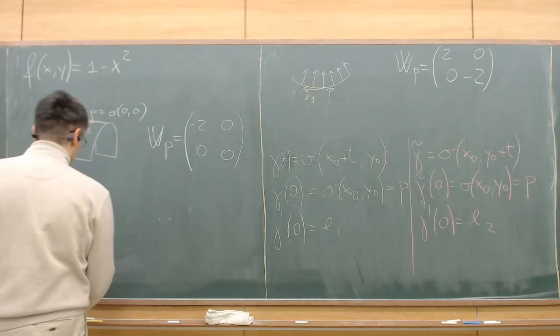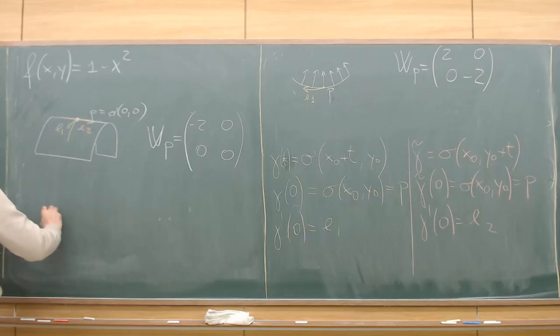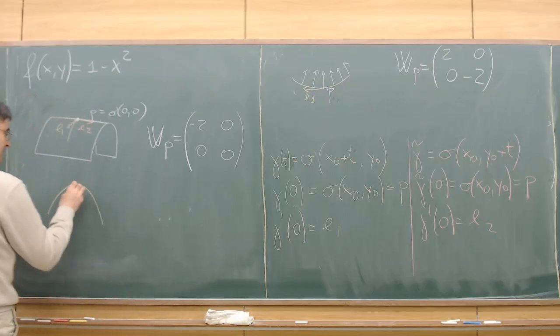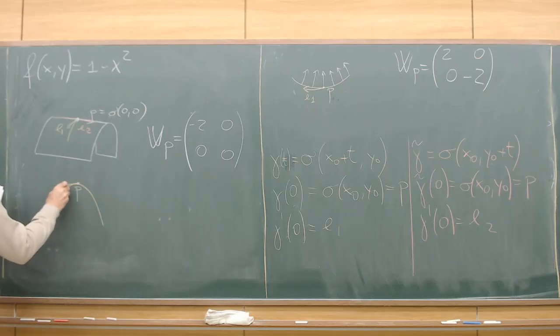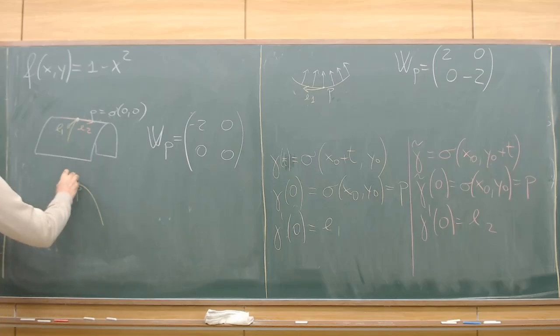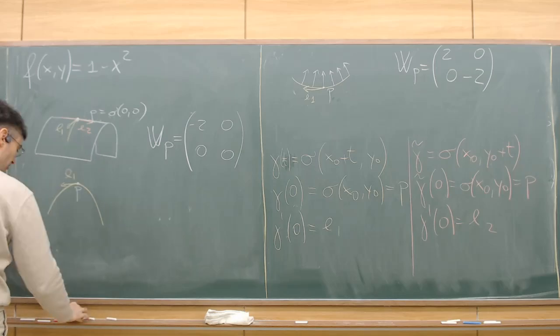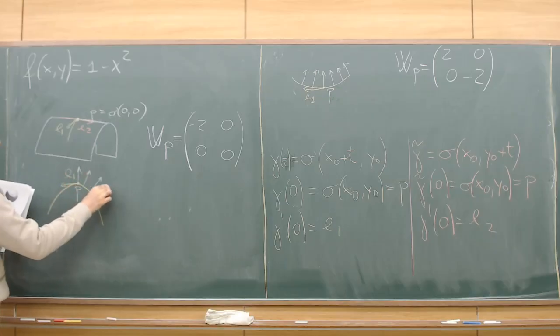And the reason is that the yellow curve passing by P with initial velocity given by E1 is this one, and the N along this curve varies this way.